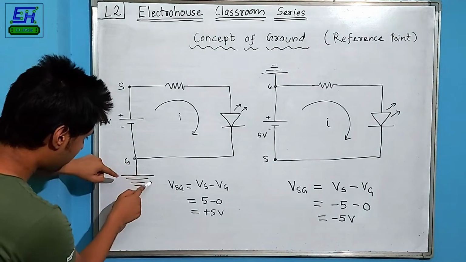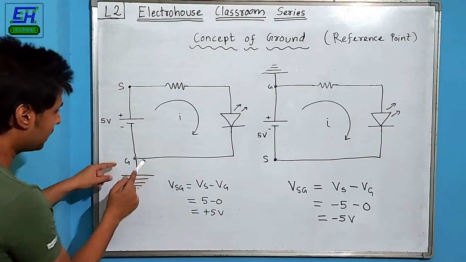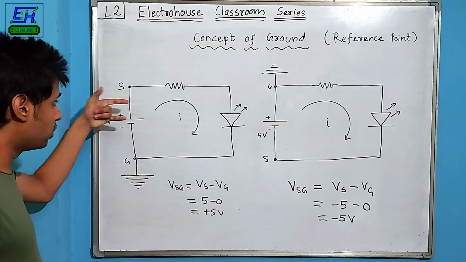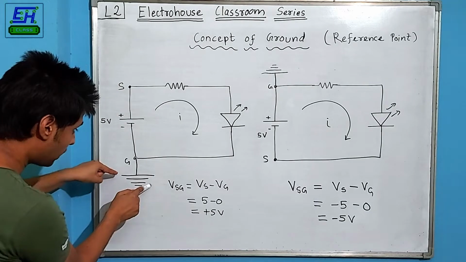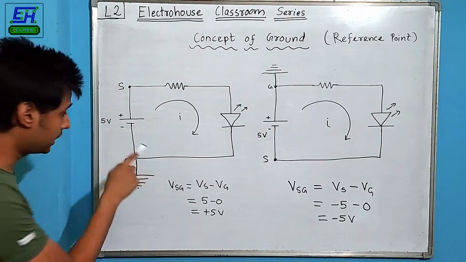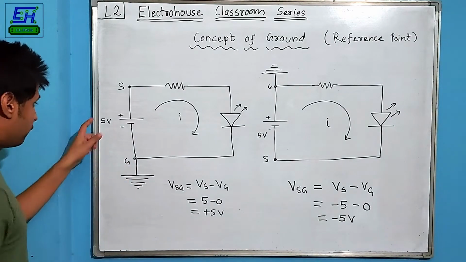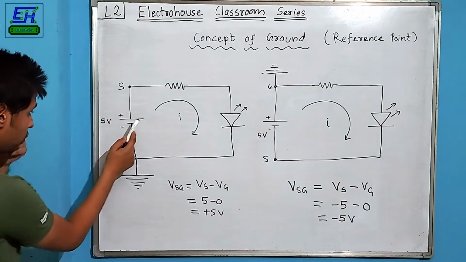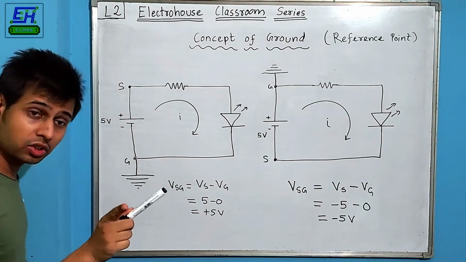Because we have given this symbol. This ground symbol actually tells us that this voltage that we are measuring should be with respect to this ground terminal, and this ground terminal is connected to the negative terminal. According to the battery manufacturer, 5 volts is basically the voltage of this positive side with respect to this negative, according to the battery conventions.